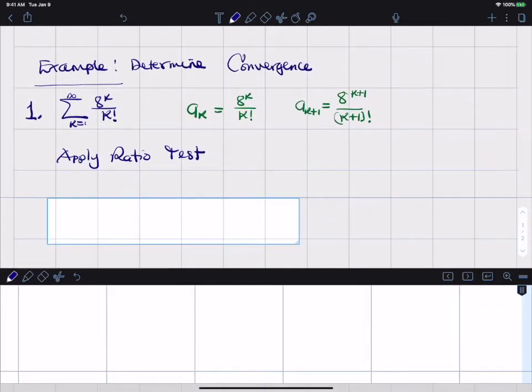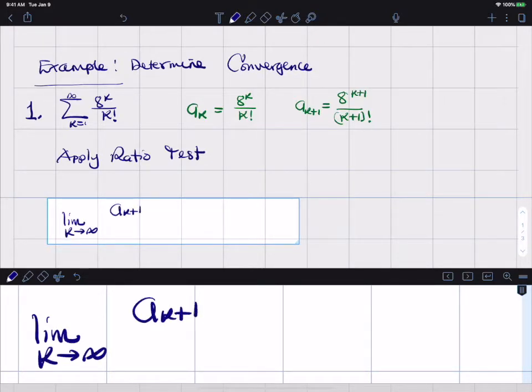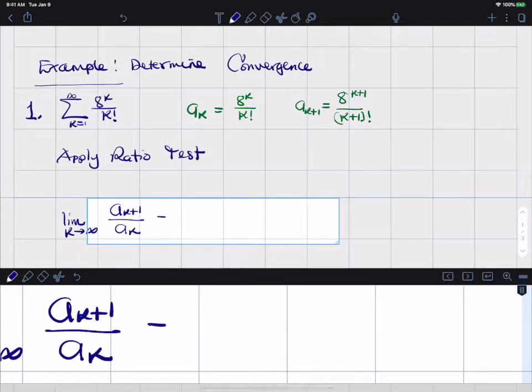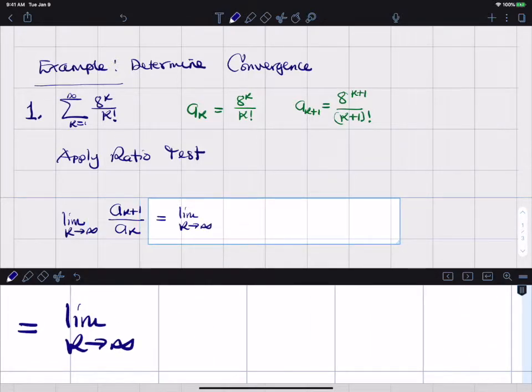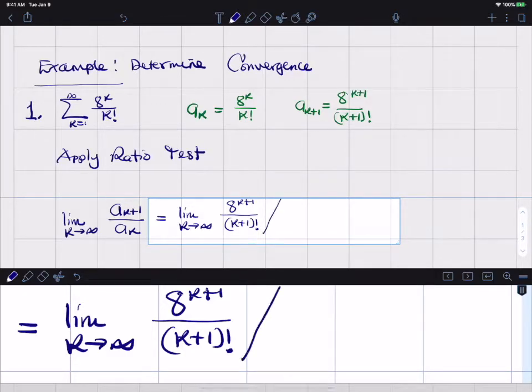The first thing we need to compute is the limit as k goes to infinity of a_(k+1) over a_k. So this is the limit as k goes to infinity of 8 to the power of k plus 1 over k plus 1 factorial, divided by 8 to the power of k over k factorial.